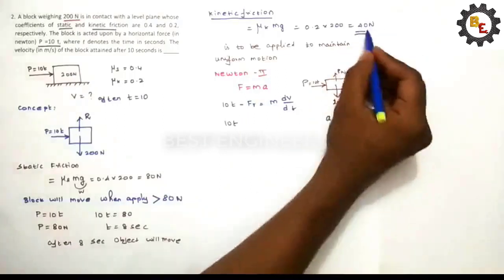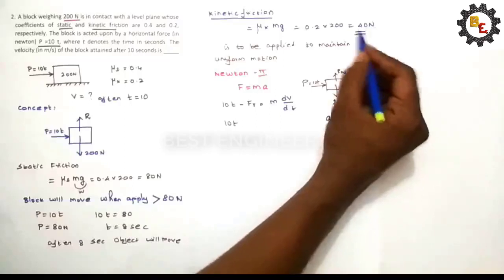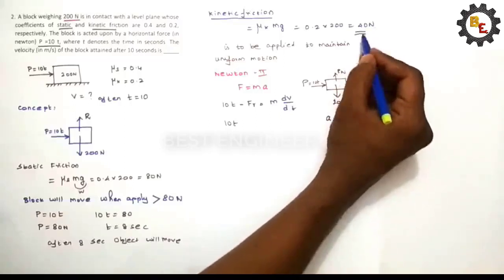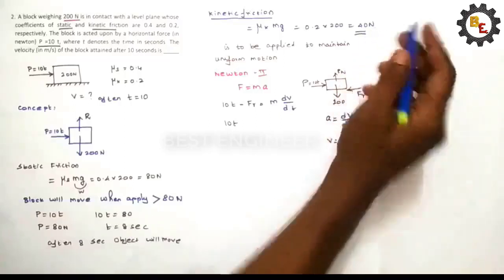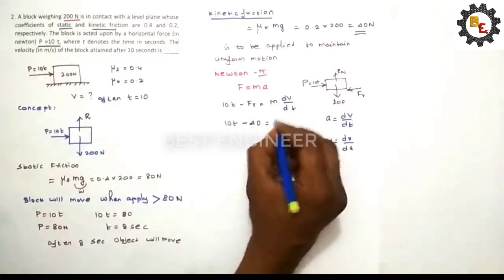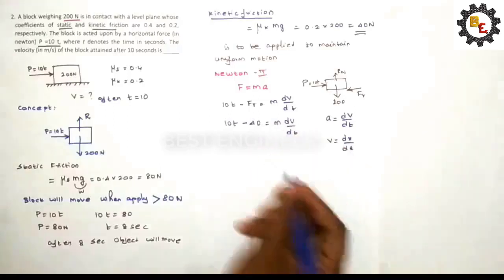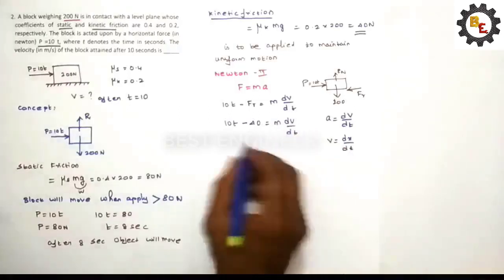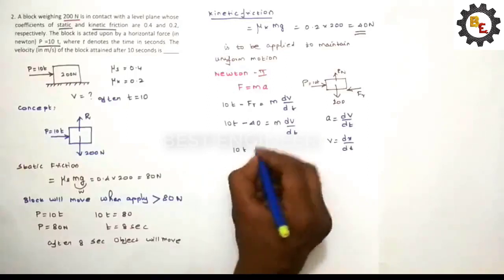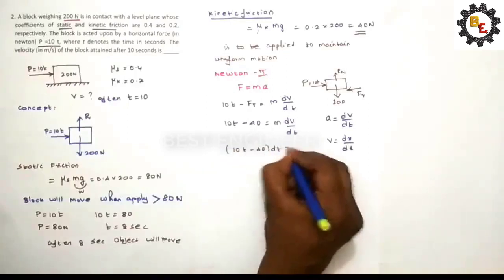We should apply a force above this friction force to make the object move. So we take the kinetic friction, 10t minus 40, equal to m into change in velocity with respect to time. Now we can write the equation as 10t minus 40 into dt equals m into dv.